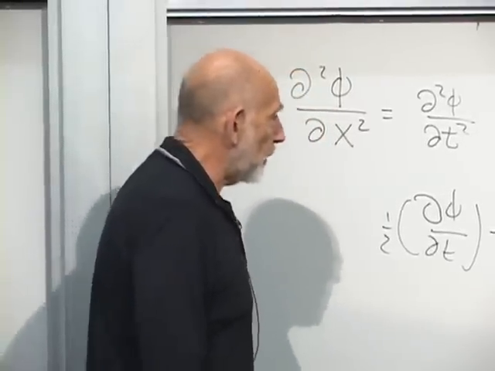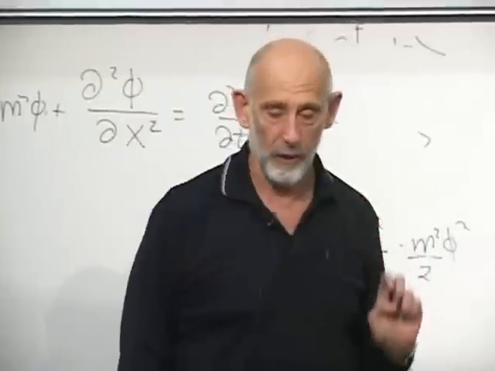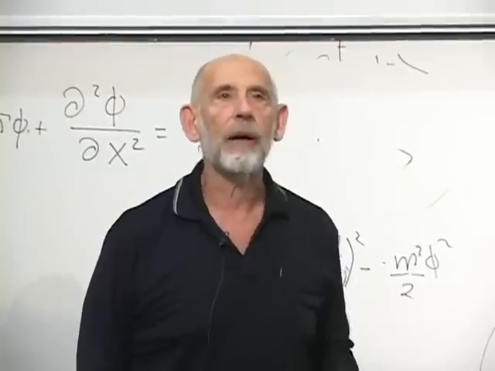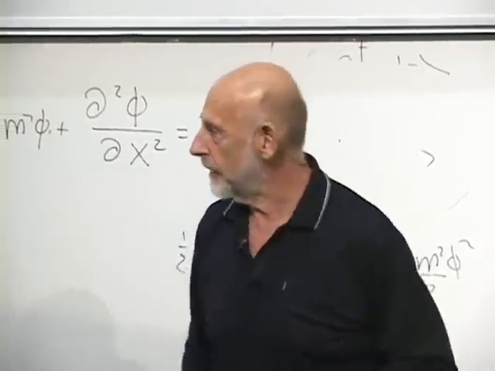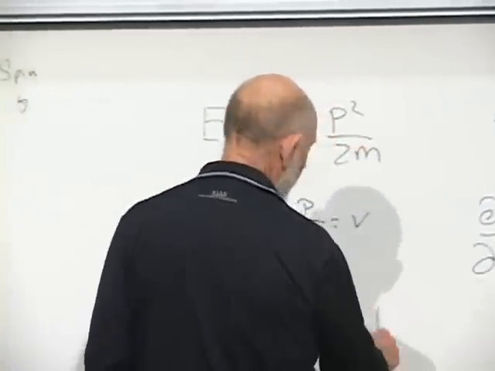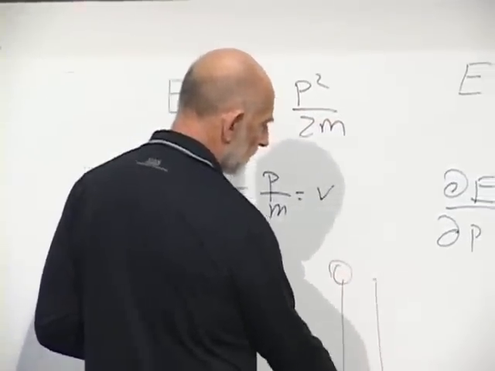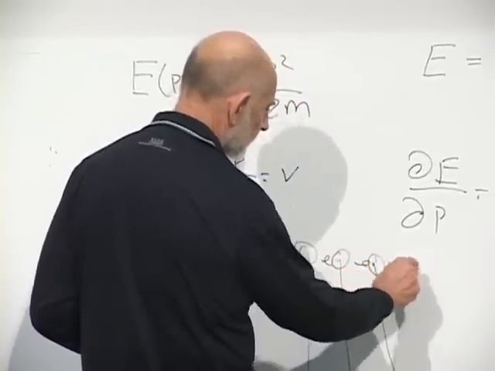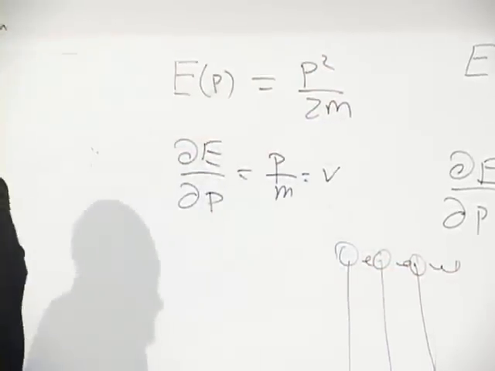But supposing you pushed it only at one point, all right? You want a model for this? Yeah, I can make a model for it. Here's a model for it to think about. You have a bunch of vertical pendulums, and they're coupled together by springs. They're in a gravitational field.